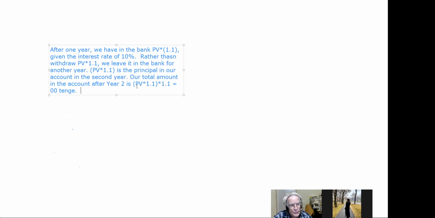So how can we find the present value this time? Just solve for PV. It is equal to 120 divided by this time 1.1 squared. That's the amount right there.